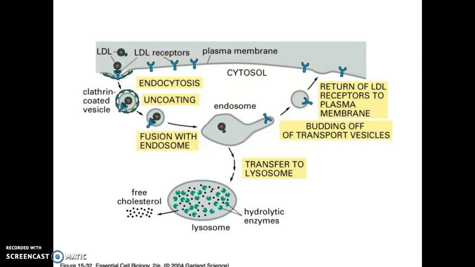We don't want to digest all of the receptors, so we'll bud those off, and they can go back through the constitutive release pathway to the cell surface, and now all we have is an endosome full of whatever the cargo was. That endosome will then bind to a lysosome, and the lysosomal enzymes will digest whatever the cargo was that you endocytosed.